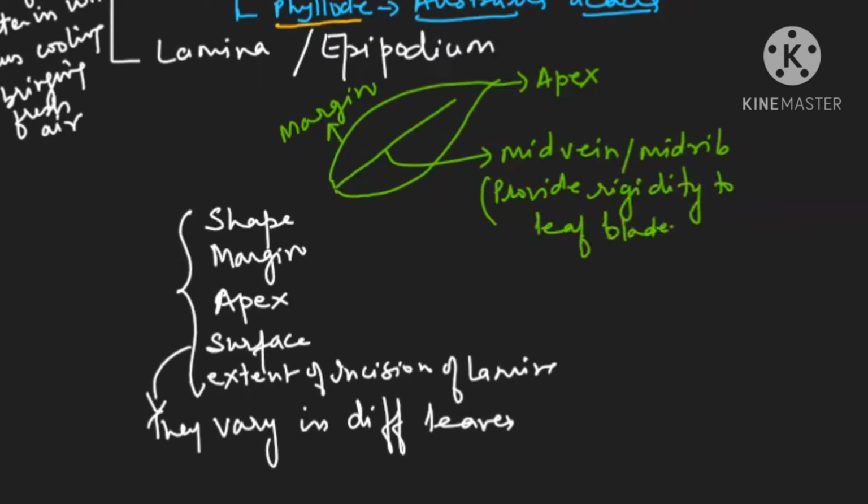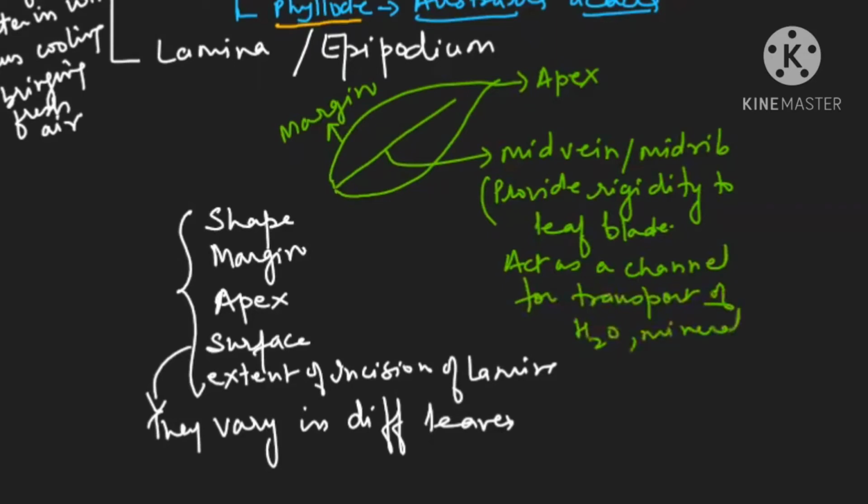And it also acts as a channel for transport of water, minerals and food. All these are lines of NCERT, which I have tried to make into points for you. I hope this topic will be very clear to you. Okay.